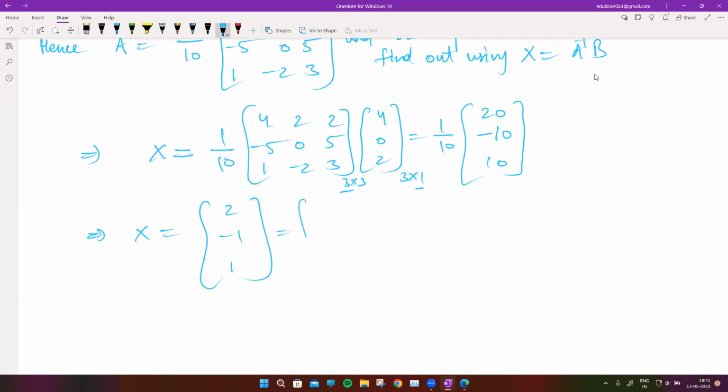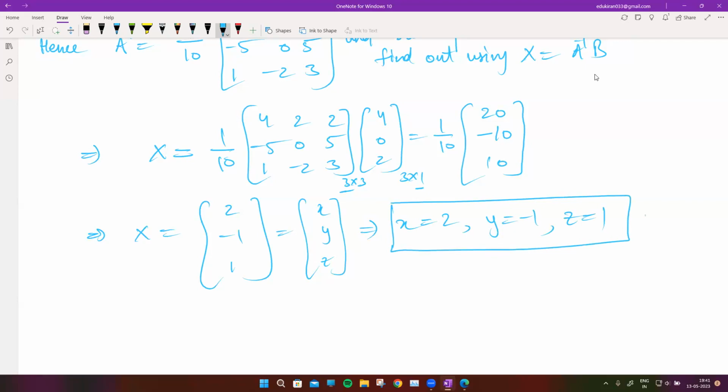This was X, Y, and Z, right? So you can say that the value of x is 2, the value of y is -1, and the value of z is equal to 1 is the solution of the given system of linear equations.